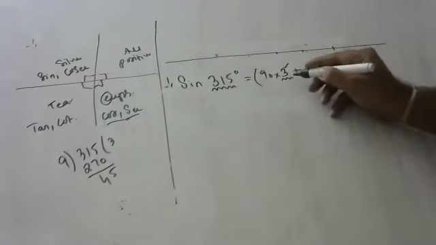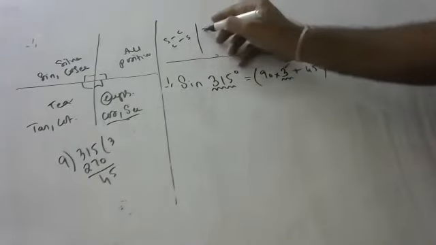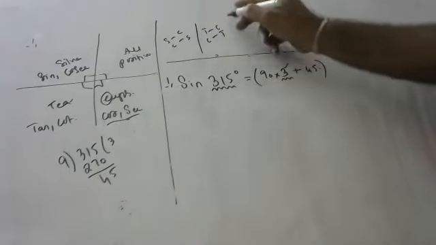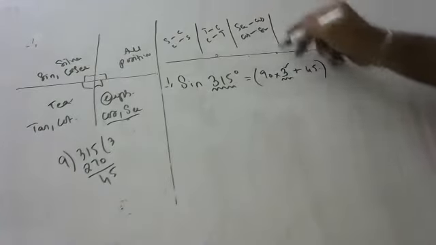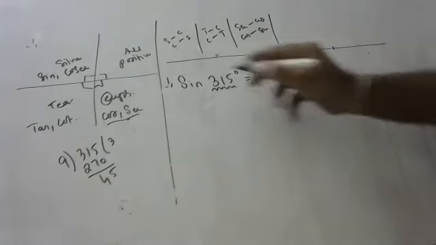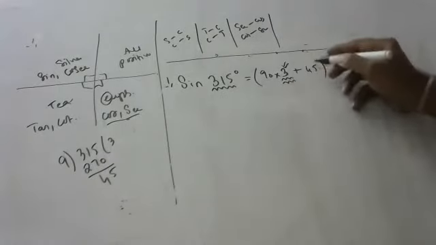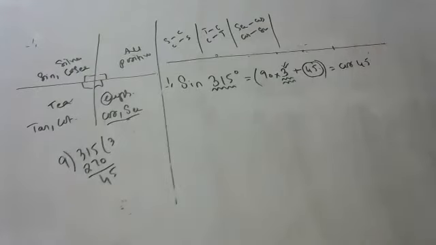If it is odd, sine becomes cos, cos becomes sine, tan becomes cot, cot becomes tan, secant becomes cosecant, and cosecant becomes secant. Since this is odd, it will become cos 45, and we know the value of cos 45 is 1 by root 2.